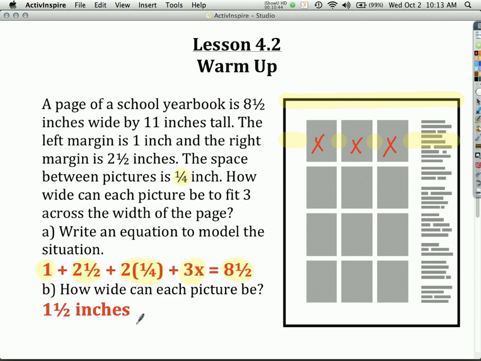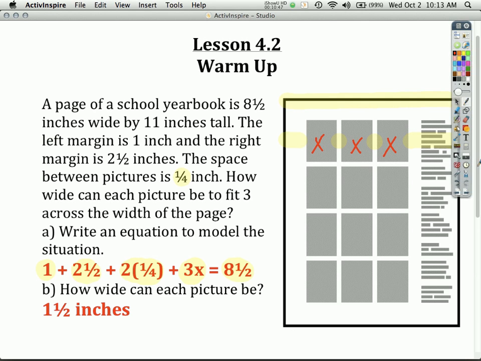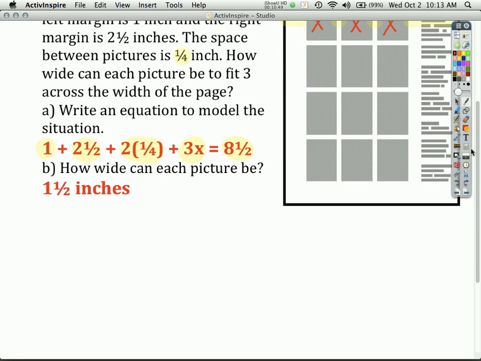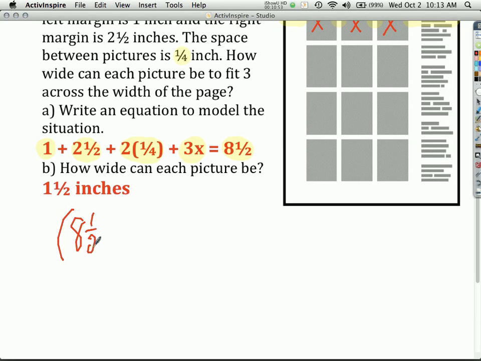Yeah. Let me write it down one more time. Say it one more time. You wrote in parentheses 8.5 minus 2.5, so you're subtracting the right margin. Yeah, and then minus 1, equals 1/2 plus 3x.